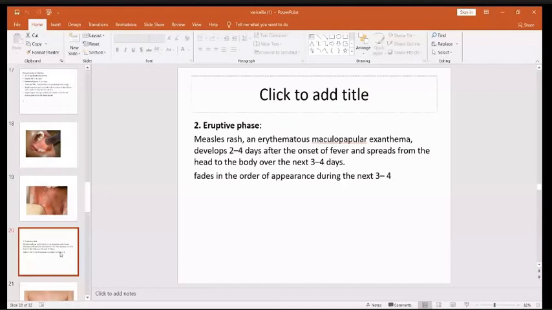And one of the rare complications could be encephalitis. That is called SSPE, subacute sclerosing panencephalitis. So this virus can also cause encephalitis. Now, treatment is again symptomatic treatment.